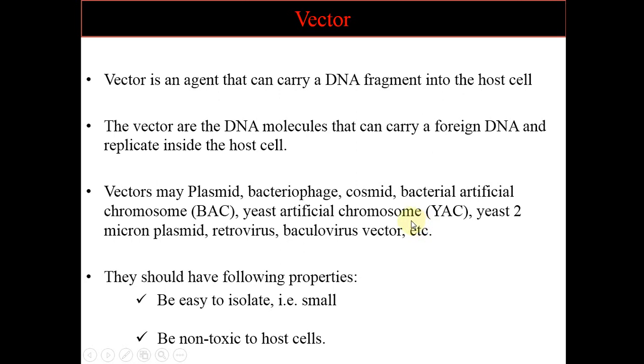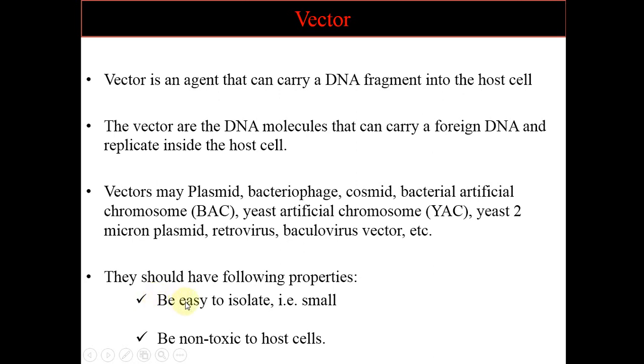They can also be used as vectors. So vector choice depends on the choice of host organism. That host should support the replication of the vector molecule. So this vector should have the following properties.